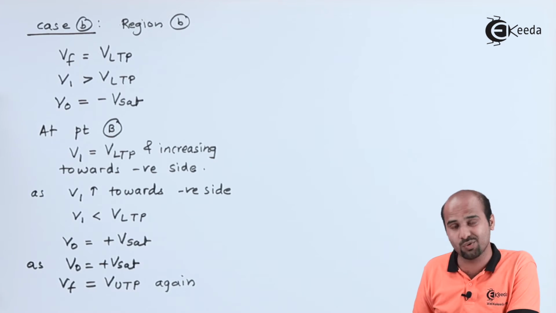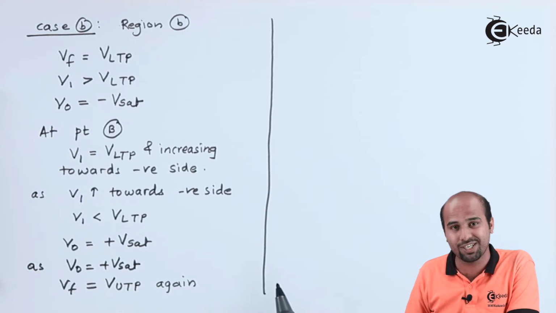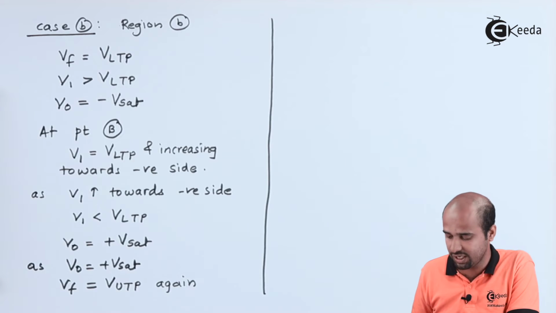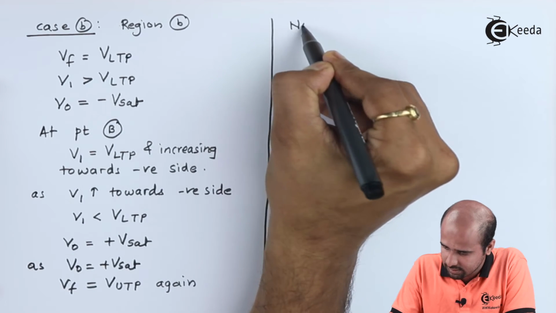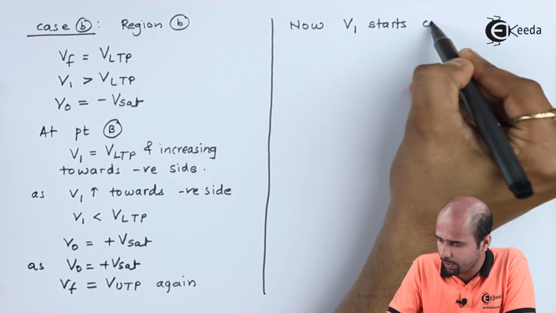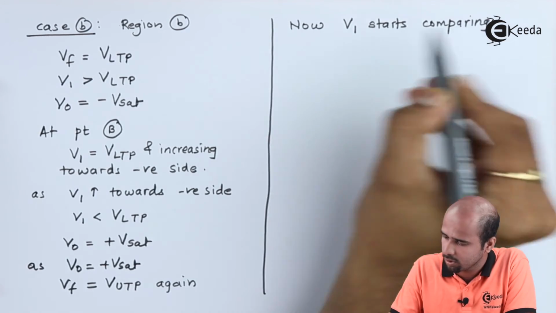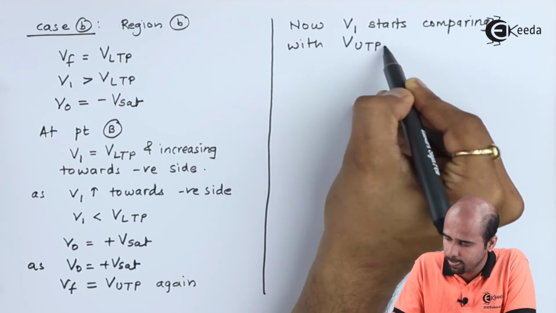If Vf is equal to VUTP again, I can make a statement that this will change the comparison between V1 and the other terminal, the non-inverting terminal's voltage. This voltage has now become positive. So we'll say that V1 starts comparing with VUTP.